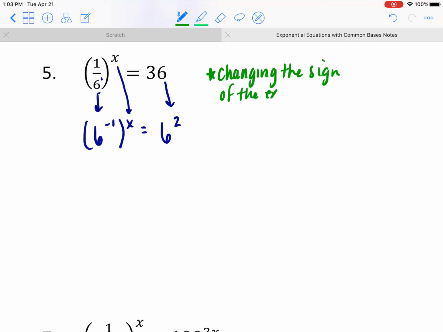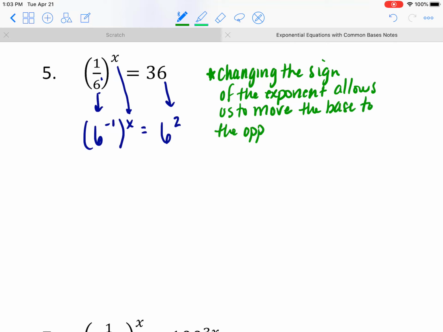So changing the sign of the exponent allows us to move the base to the opposite side of the fraction. That is the negative exponent rule in reverse.